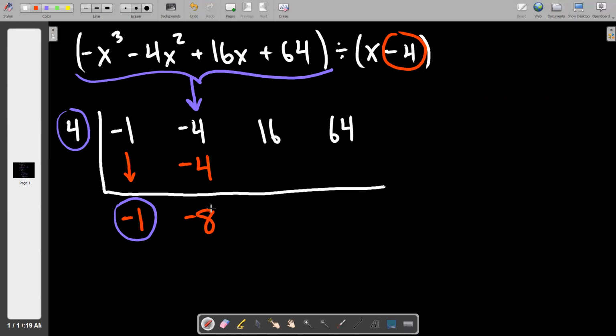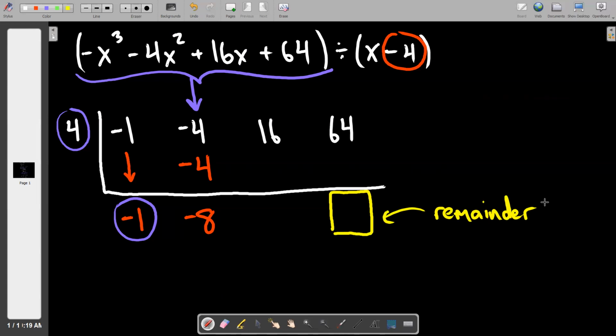What always happens is after I add, I find myself multiplying. So you go like this. You multiply, add, multiply, add, multiply, add, and you just keep doing it until you run out of stuff. The number that goes in this yellow box eventually is the remainder.